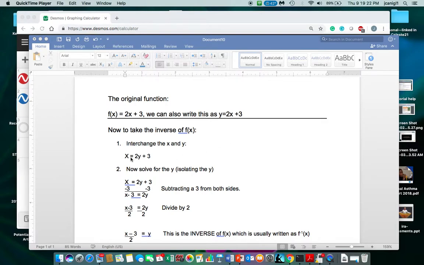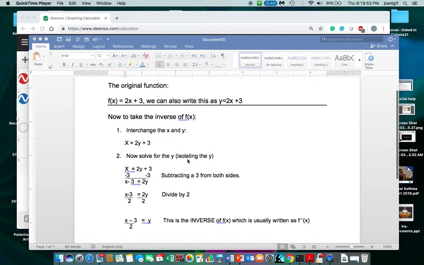And so what we have then is, instead of y is equal to 2x plus 3, x is equal to 2y plus 3. All I did is simply change the x and the y. I switched those around from the original. We're going to get a totally different function at the end, which is the inverse of it.